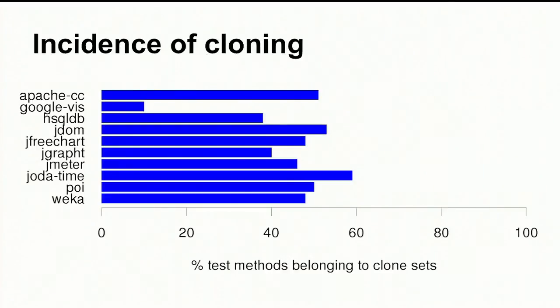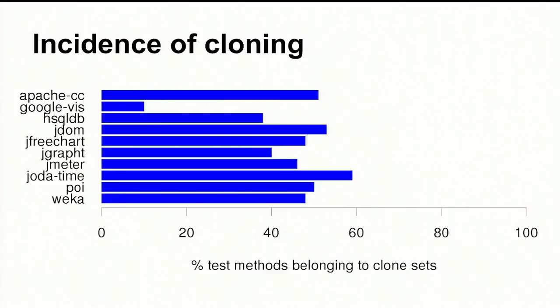On average, 40% of test cases look to be clones of other test cases. I also did some manual classification of the false positive rate, and most of these are actually not false positives. They are legitimate clones. I think it's like 75% of these are actually clones.